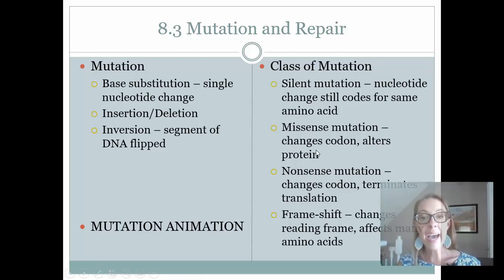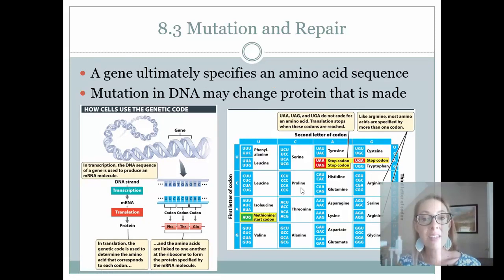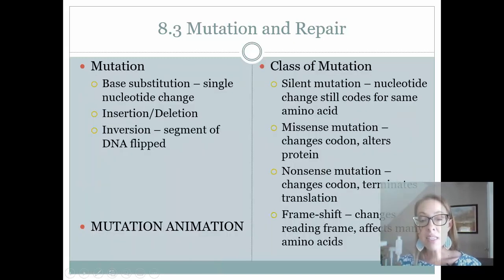We could have a nonsense mutation that takes place. A nonsense mutation is where we have a base substitution or some other mutation where we have changed our codon to a stop codon. A nonsense mutation is going to stop translation early.